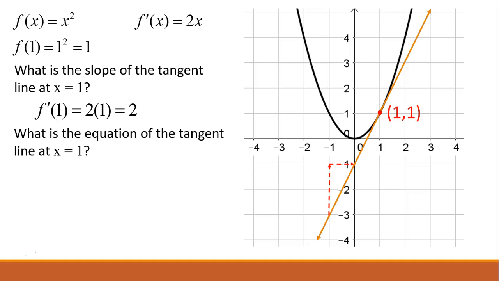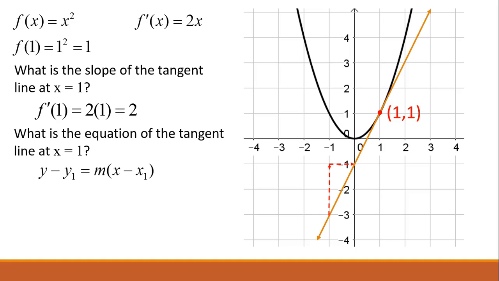So we know that (1, 1) is on our tangent line because it's also on the curve, and that's where our tangent line touches the curve. We also know the slope of that tangent line, which is 2. So we need to write the equation of a line that has a slope of 2 and that contains the point (1, 1).